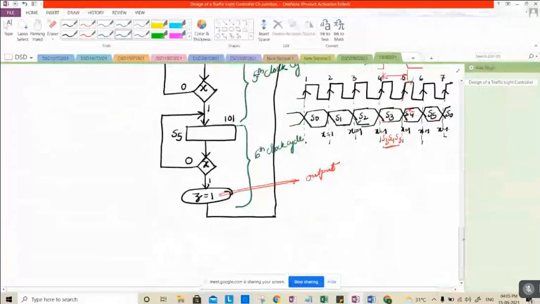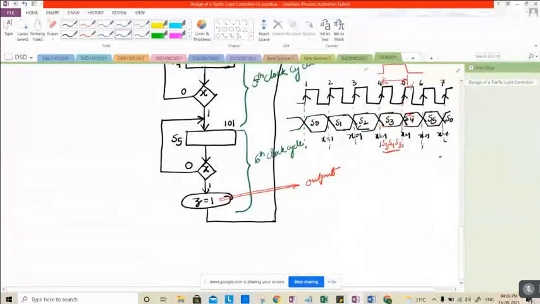As soon as the S5 state, that is 101, comes, here itself what will happen is, if x is equal to 0, the next state will be the same S5 state. And when do we get the same S5 state?